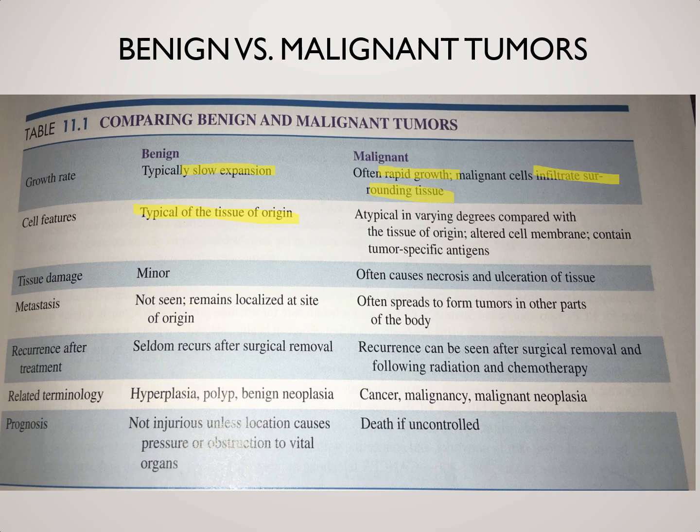So when malignant cancer spreads, we're forming a new tumor in another part of the body. The new tumor has the same kind of abnormal cells and the same name as the primary tumor. So for example, if prostate cancer spreads to the bones, the cancer cells in the bones are actually prostate cancer cells.